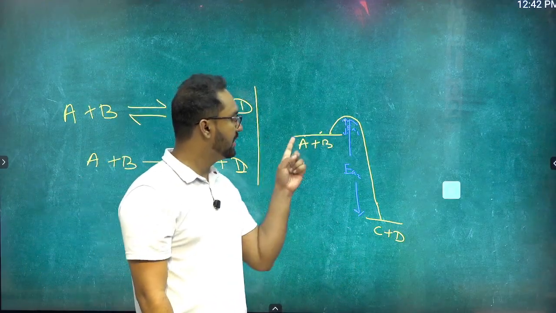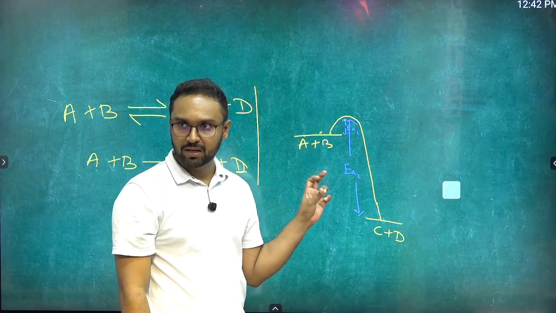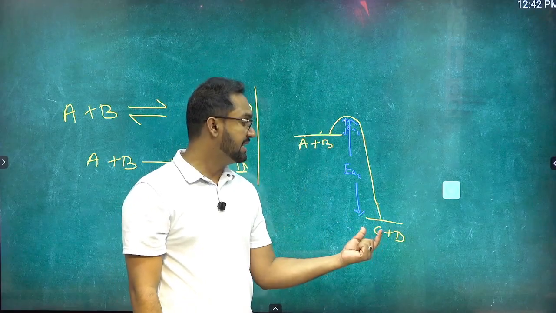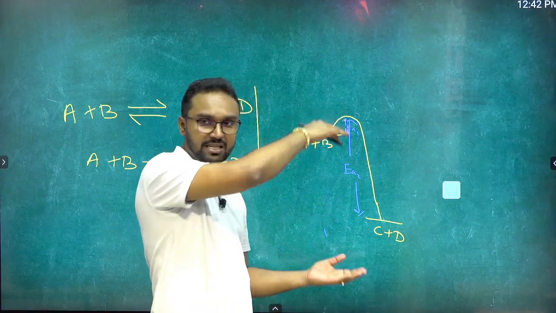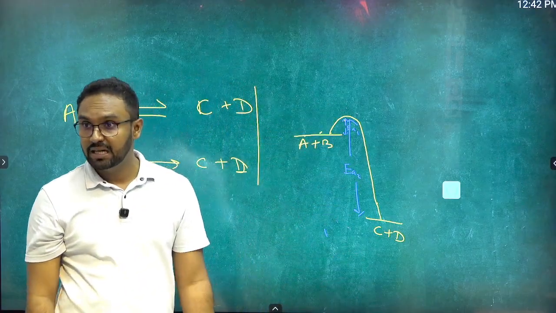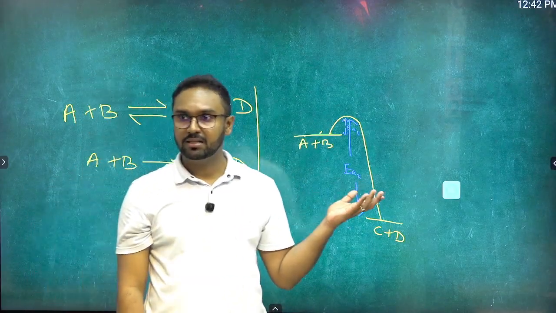So converting A plus B into C plus D is possible because it's a small activation energy you have to overcome. But converting C plus D into A plus B again has a very large activation energy. It takes a lot of energy to convert back. So think of something like this.